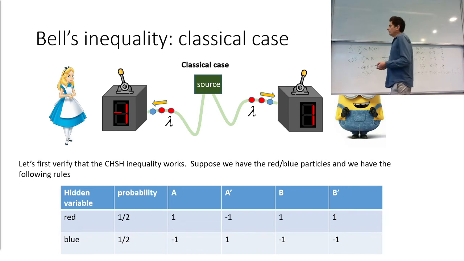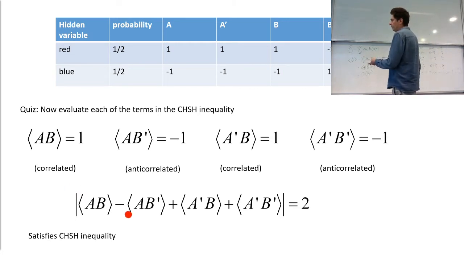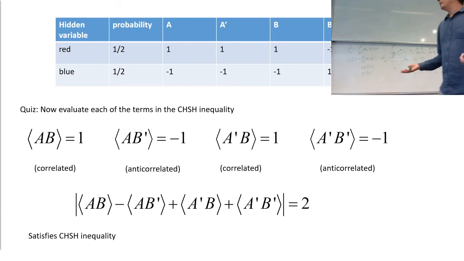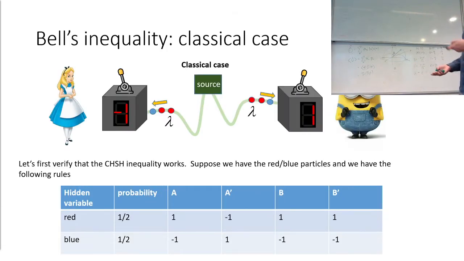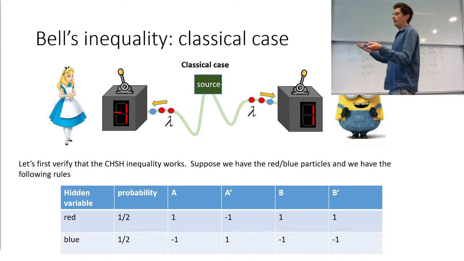So when CHSH, these 4 guys, derived this inequality, that's the setup that they defined. So they said, okay, we've got some boxes, and there's 2 settings. Basically that means there's 2 observables, and this box just outputs either 1 or minus 1. Right? Those are the values that you're assigning.